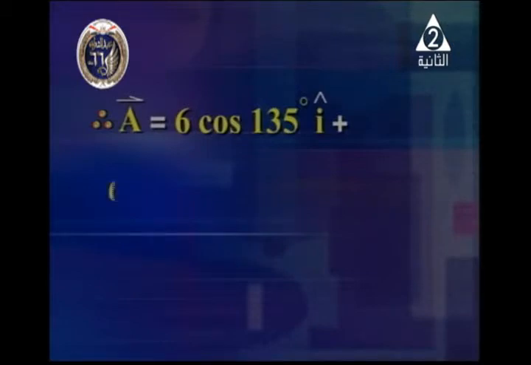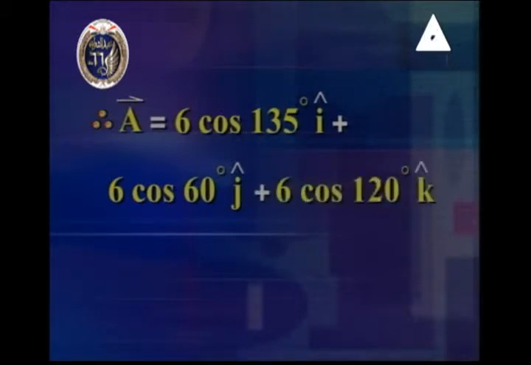Or by using theta equals 120, we have another vector A. Vector A equals 6 cosine 135 in direction i plus 6 cosine 60 in direction j plus 6 cosine 120 in direction k.